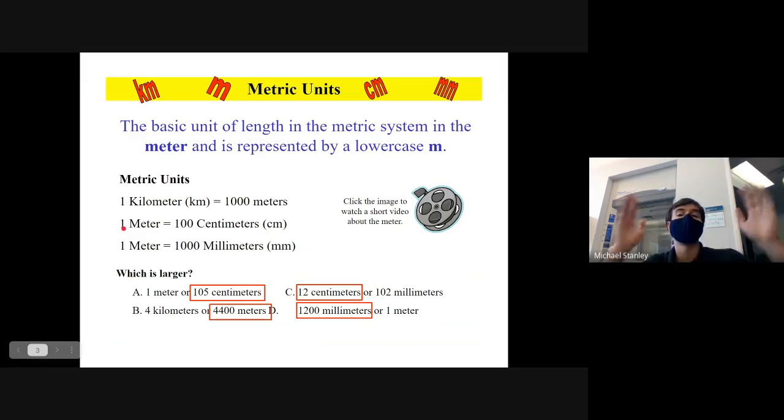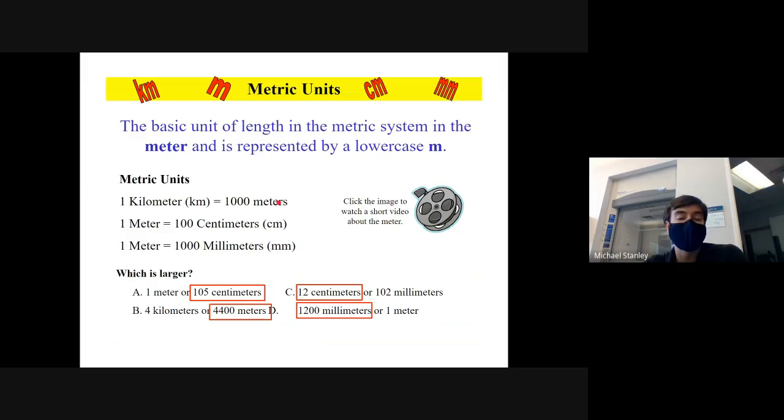So in 1 meter stick, we can split it up into 100 pieces, and each of those pieces would be a centimeter. We can also split that meter up into 1,000 pieces, and we would have 1,000 millimeters, or a little m.